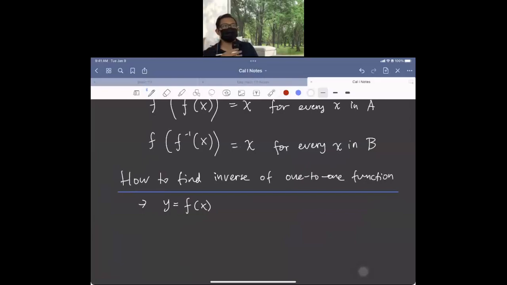Now, because we need to change the domain and range, practically what we need to do is exchange the y and x, and solve the equation for x in terms of y.